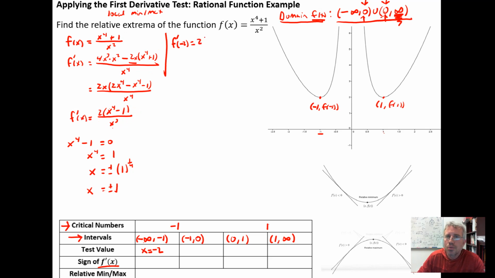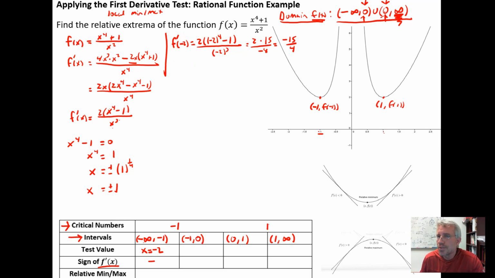So doing that, I get 2 times -2 to the fourth power minus 1 all over x cubed, so it'll be -2 cubed. So 2 times -2 to the fourth power is going to be 16, minus 1 is 15. And this is going to be -2 cubed, which is -8. So this is going to simplify to -15 over 4.